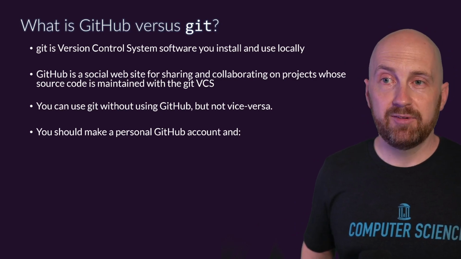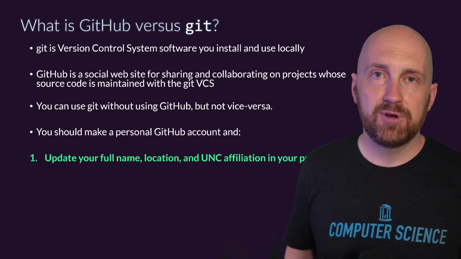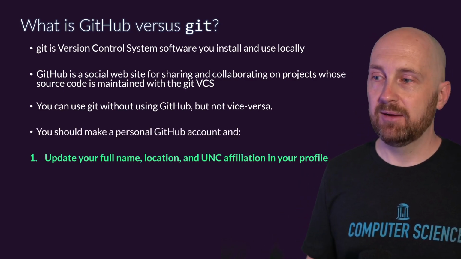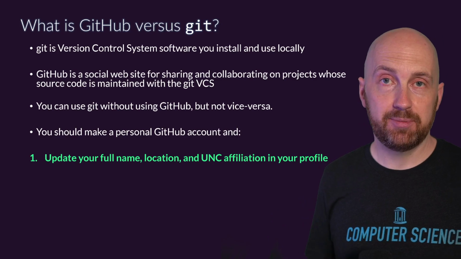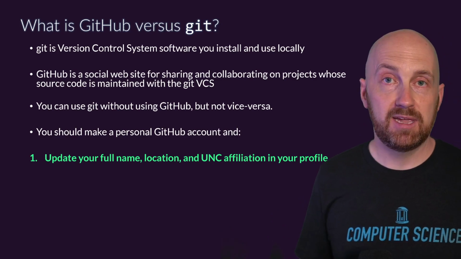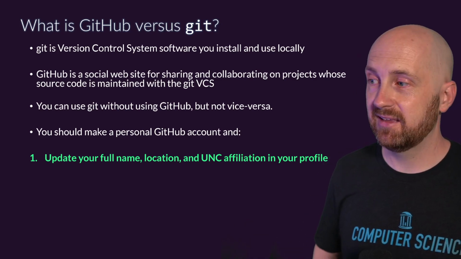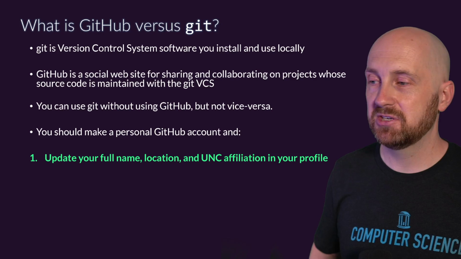If you don't already have a personal GitHub account, you should go ahead and set one up. And I'm going to encourage you to add your full name, add your location, whether it's Chapel Hill or if you're not here right now, that's fine too. Maybe add UNC as an affiliation, or if you've done an internship and you want to add that there, I think having your affiliations there is good.